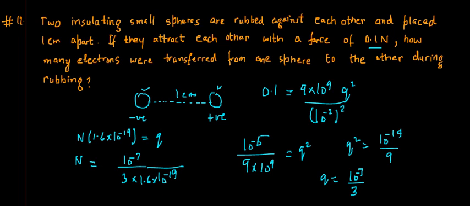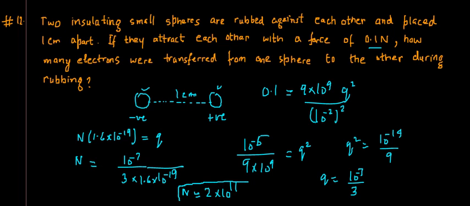Okay, so 10 to the power of 19 goes upstairs. When we solve this, and you subtract 7 from that, this becomes plus 19. You subtract 7 from that, that is 12, and then you divide, then you will find that the number is approximately 2 into 10 to the power of 11.